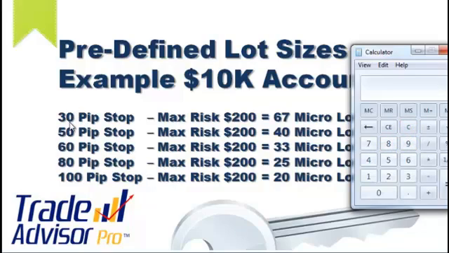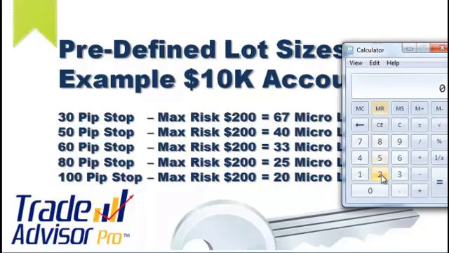I actually have a 30 to 150 pip predefined lot size card right on my computer. I know exactly how much I'm going to trade, exactly the number of lots. So even at, let's say, a 100 pip stop, you take your $200 max risk, divide it by 100 pips, multiply by 10.